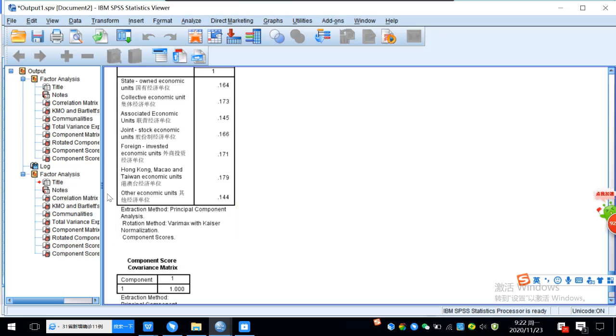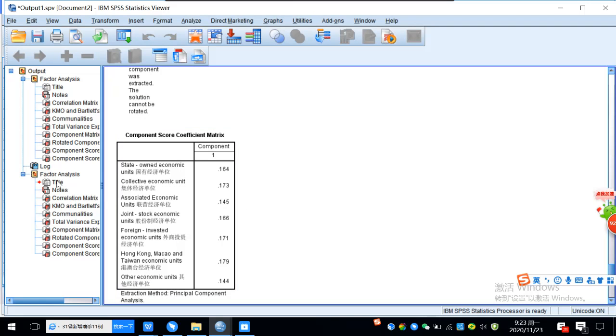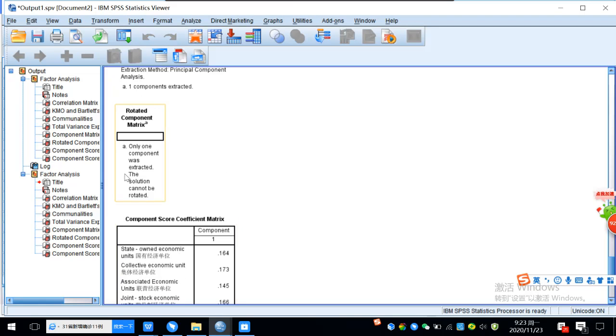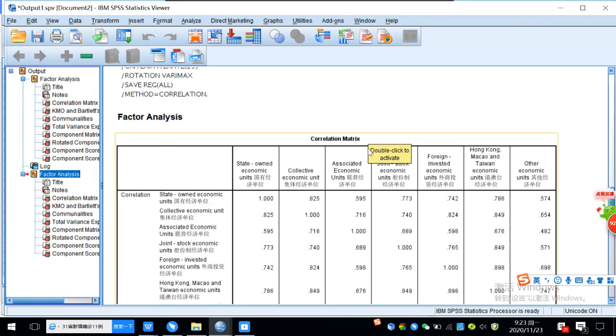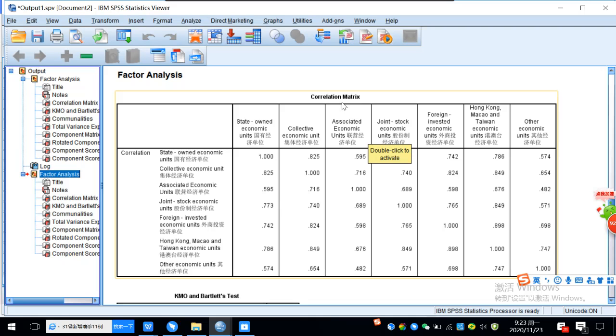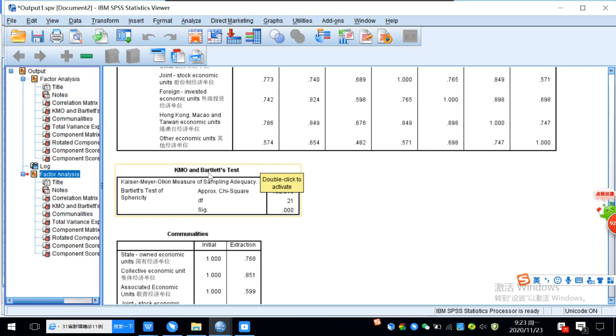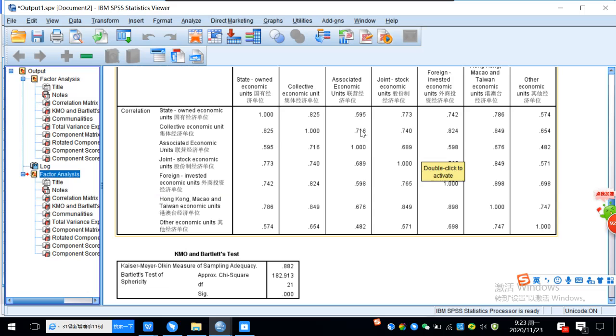Okay, here shows the output. Firstly, let's look at the correlation matrix. The correlation matrix, KMO, and Bartlett's test are all used to help you judge if we can use factor analysis for this case.